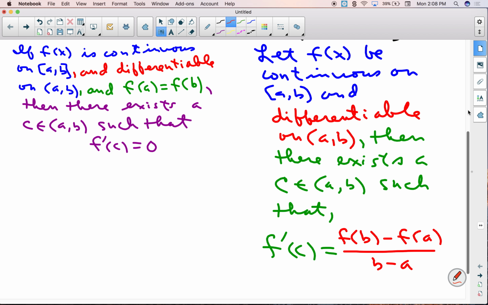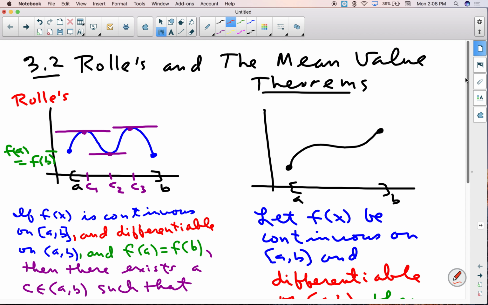So graphically, how would we illustrate that? Maybe the secant line between A and B would be your average. Good. What we're saying is that the average rate of change from A to B, there's got to be a point in there, at least one, at which the instantaneous rate of change is equal to the average rate.